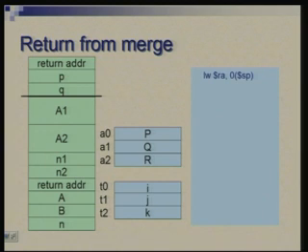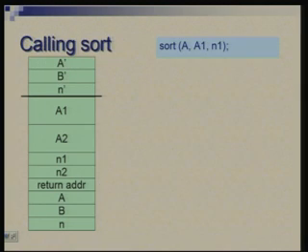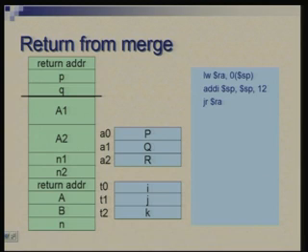So, before you could return, there are these three statements. Before returning, you must bring the return address into ra. So, that we can simply do from the top of the stack. Okay.